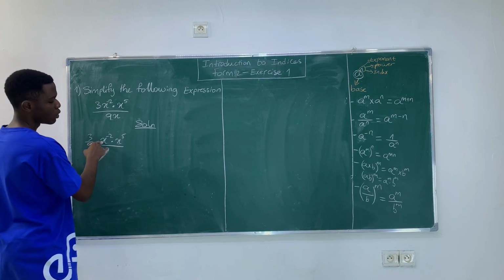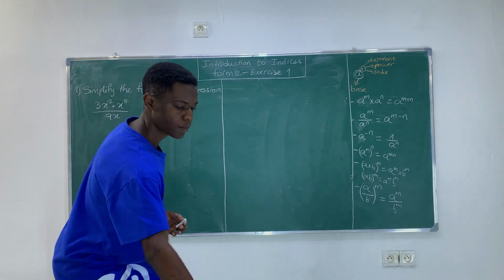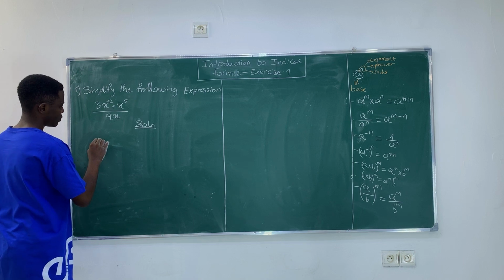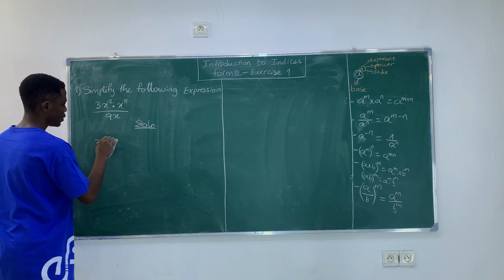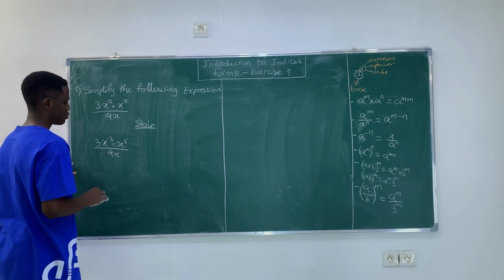That 3 is just for x. So you write 3x to the minus 2 times x to the 5 all over 9x.